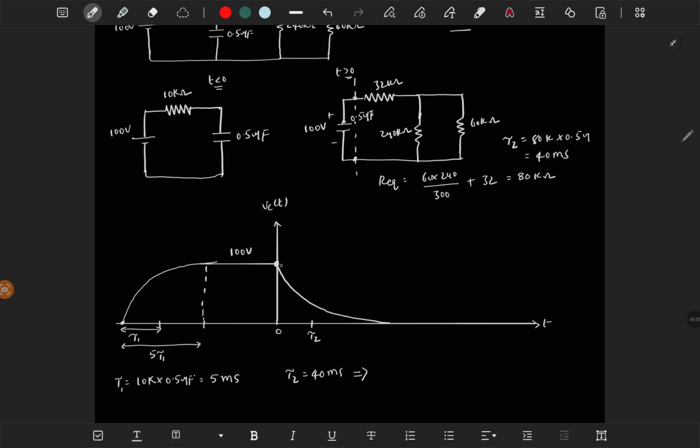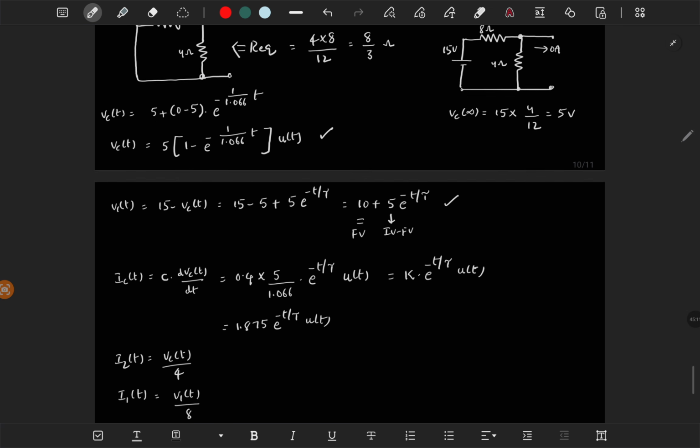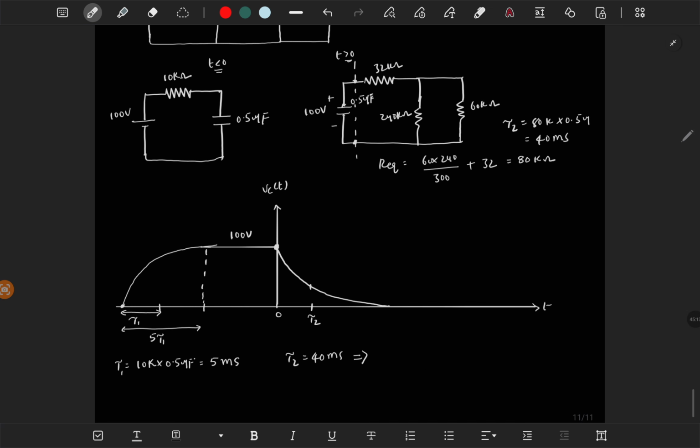The capacitor is discharged to, I don't remember exactly, 36%, I think 36.6% of its initial voltage. It means at this point the capacitor voltage is 36.6 volt. So it is discharged to this much value at tau 2.